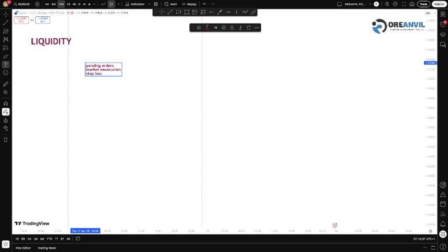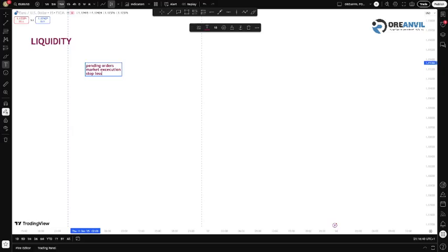In one of the classes, someone mentioned take profit. We say take profit is not an order for liquidity. When we say liquidity, we are talking about orders in the market that we place for providing liquidity in the market.